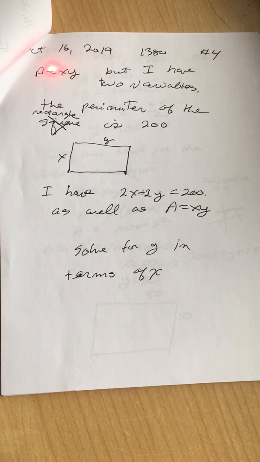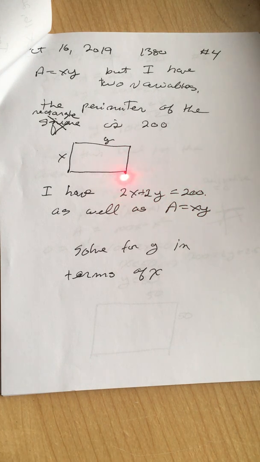So the area is xy, and as I said before, I have two variables, and the perimeter of the rectangle is 200. So what I can do is take this picture and write out that 2x plus 2y is 200. I have as well that the area is xy.